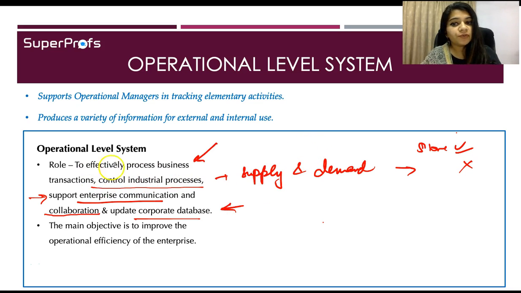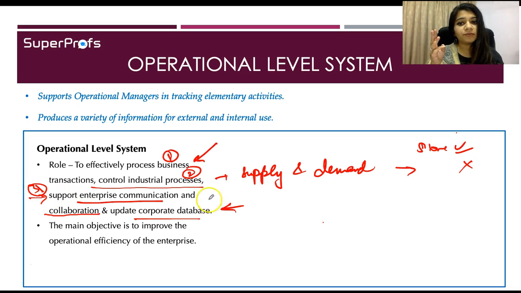So now all these four functions are clear. The first one is business transactions, industrial processes, enterprise communication and collaboration, and the fourth one is the corporate database. And the main objective is to improve the operational efficiency of the enterprise.